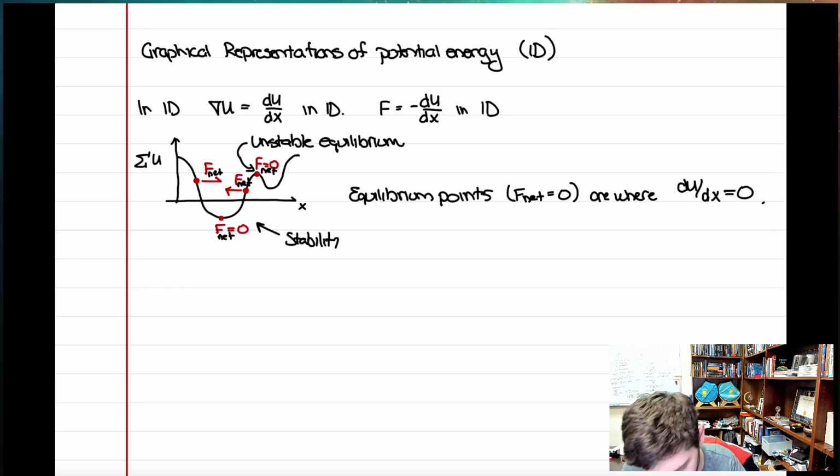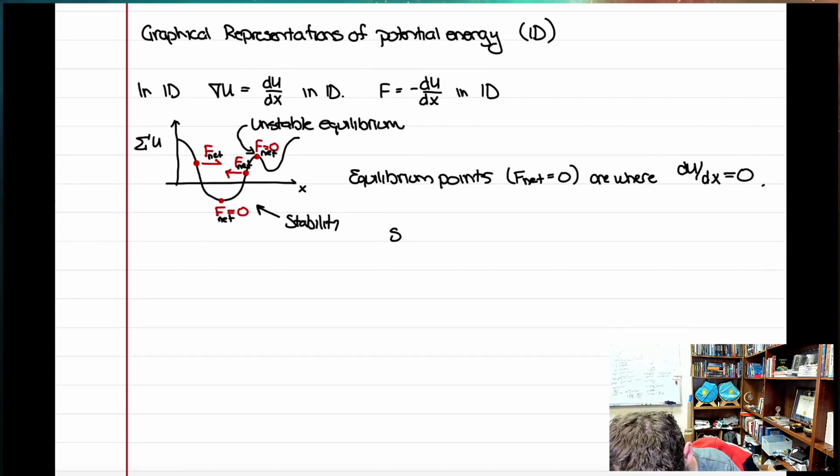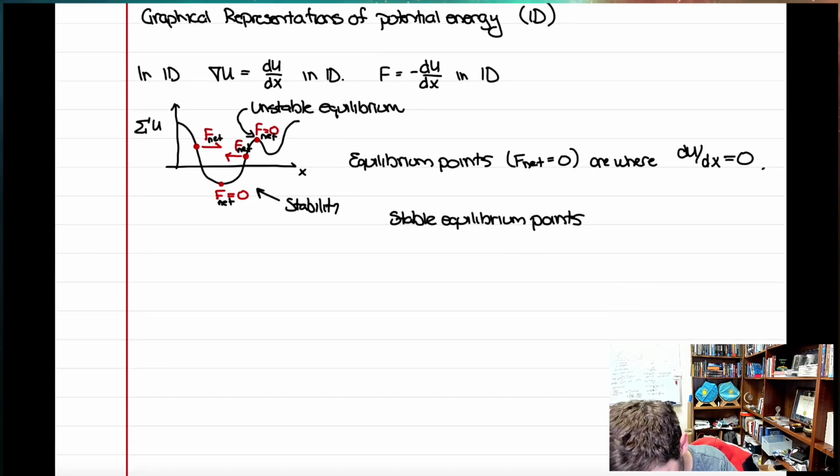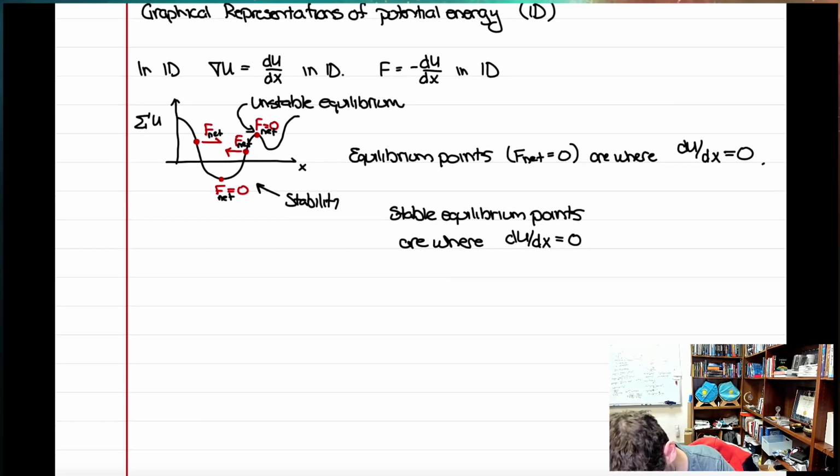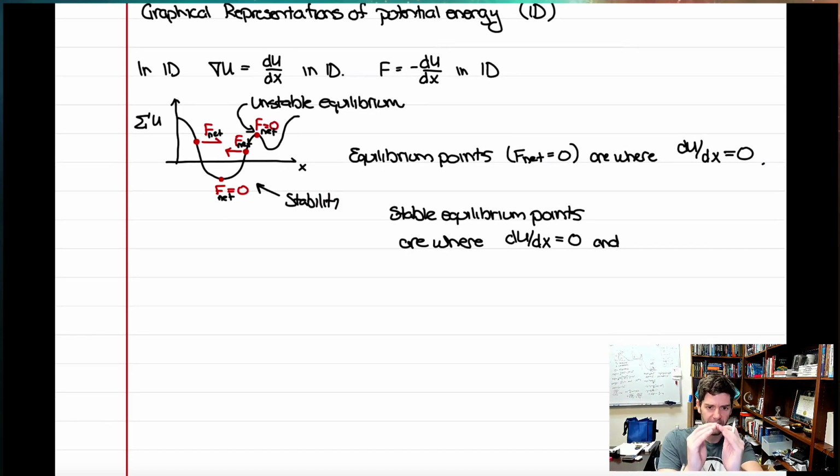So then, is there a criterion for stable equilibrium points? The valleys are where, well, it's an equilibrium point, so I still require the first derivative vanish. And what's the difference between the valley and the top?